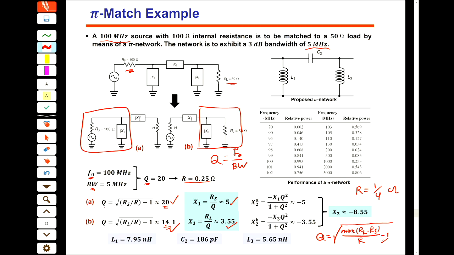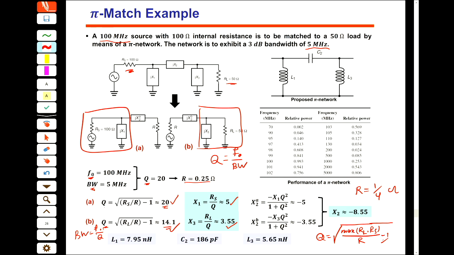You have to divide 100 by 14.1 to see what the bandwidth of this one is. So the bandwidth of this one is coming from F divided by Q. 100 divided by 14 is around 7 something megahertz. And the bandwidth of this one is 5 megahertz.